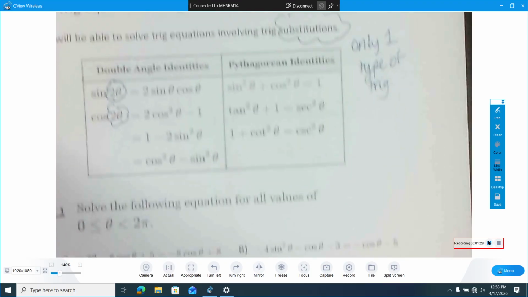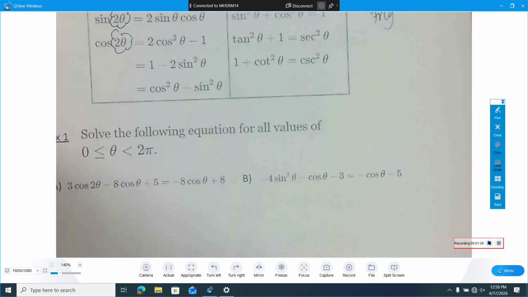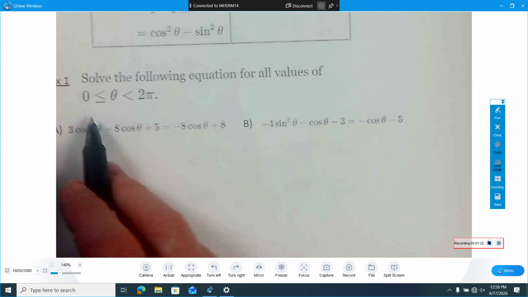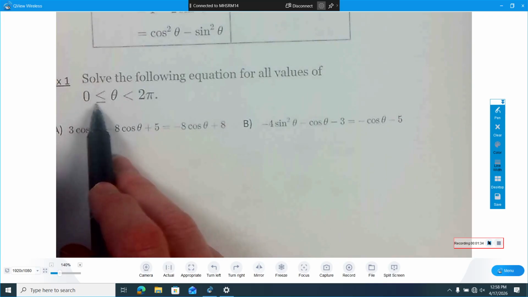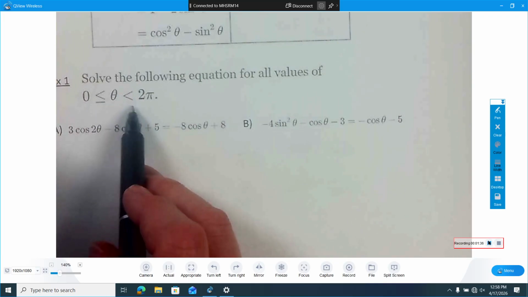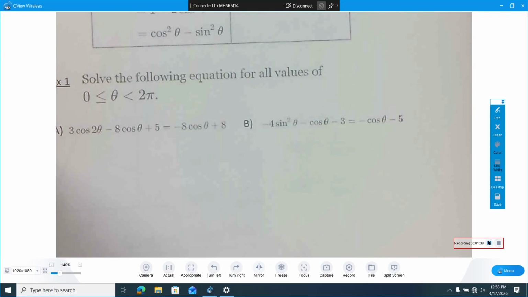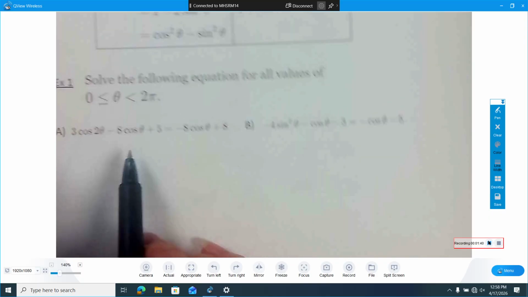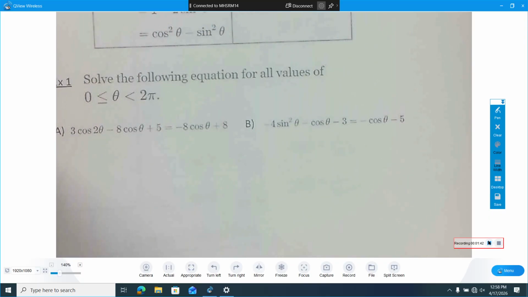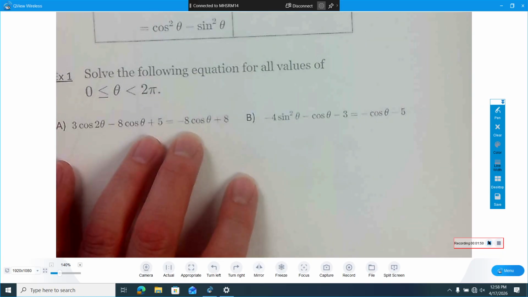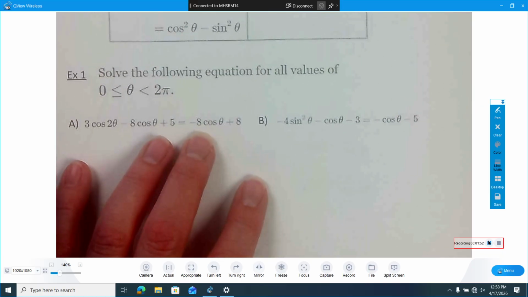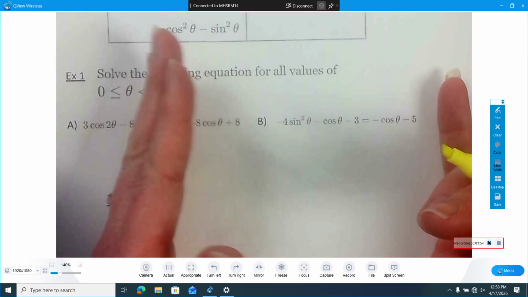So example 1, we're going to solve the following equations on the interval from 0 to 2 pi, including 0, not including 2 pi. So big long equation here. What is the thing that's standing out to you? Okay, so in general, whenever we have some higher order equation, we're going to push everything to one side.